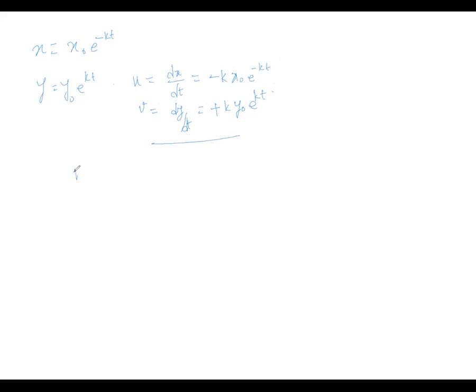The total velocity vector is u i vector plus v j vector plus w k vector. Here w does not exist, so it is 0. The remaining quantities are u and v, so it is two-dimensional.